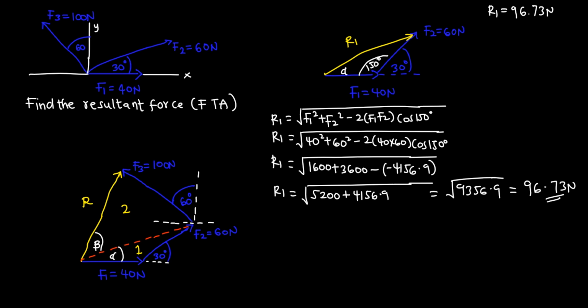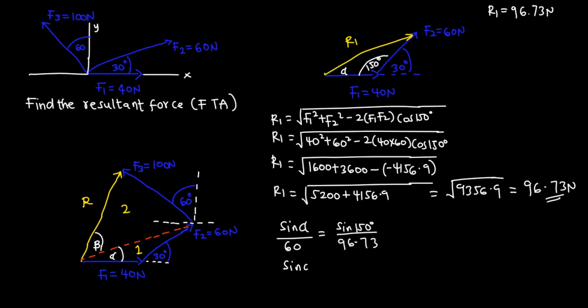So you're going to apply the sine rule here. So that will be sine of alpha divided by F2, that's 60, and this should be equal to sine of 150 degrees divided by R1, which is 96.73. So you can simplify this further.